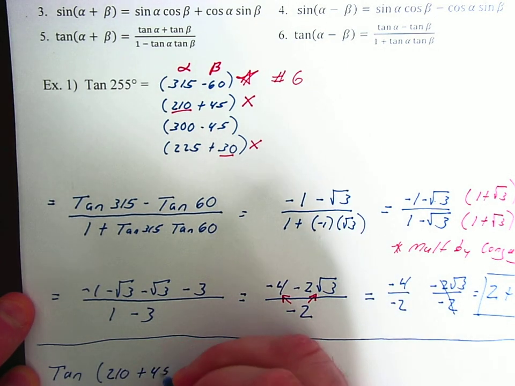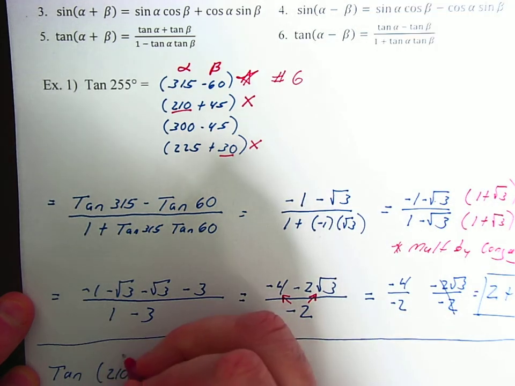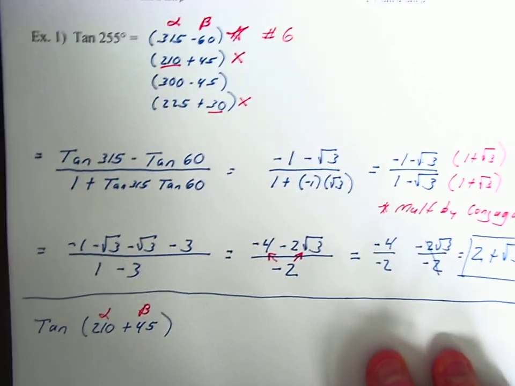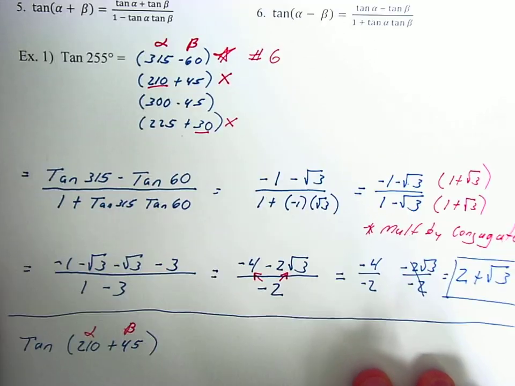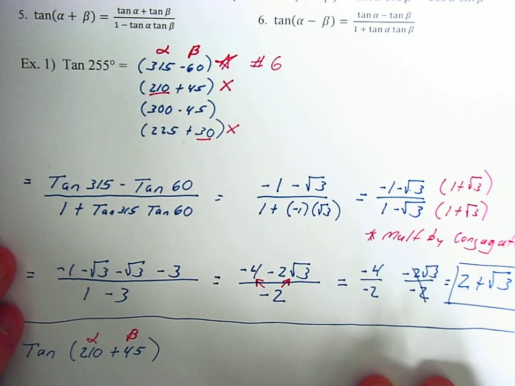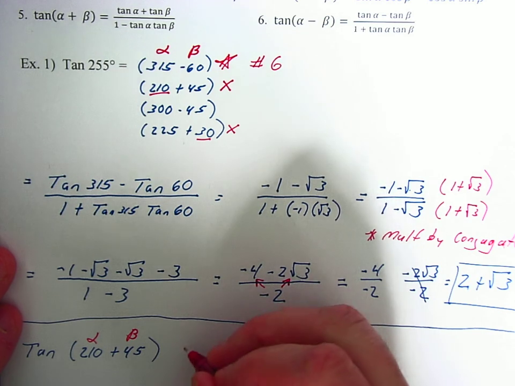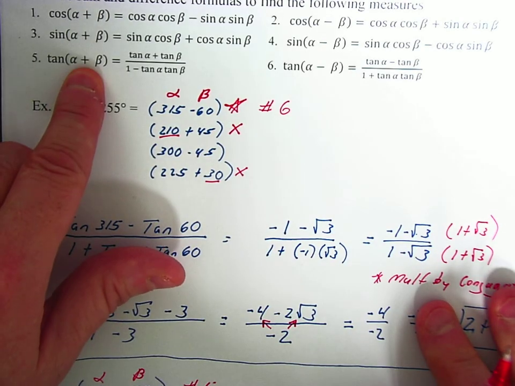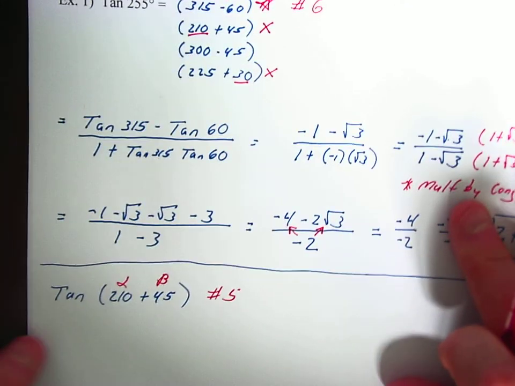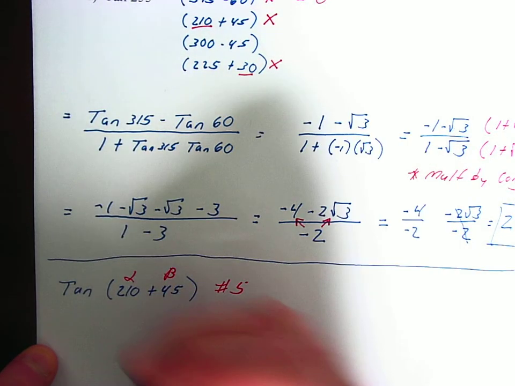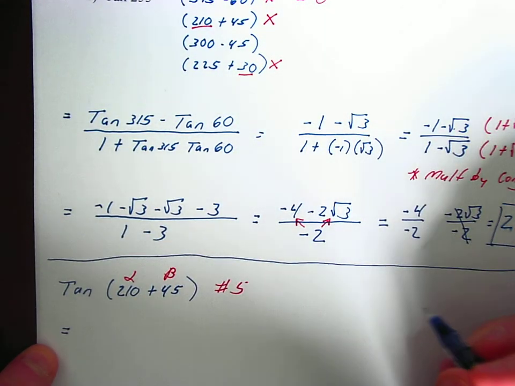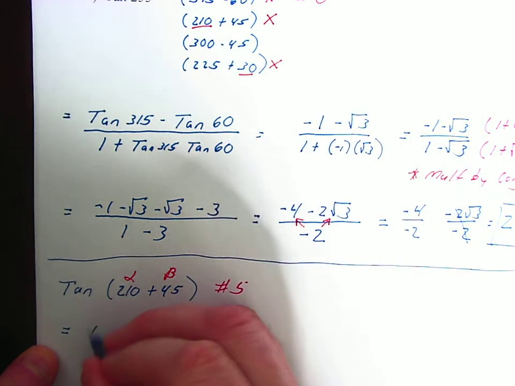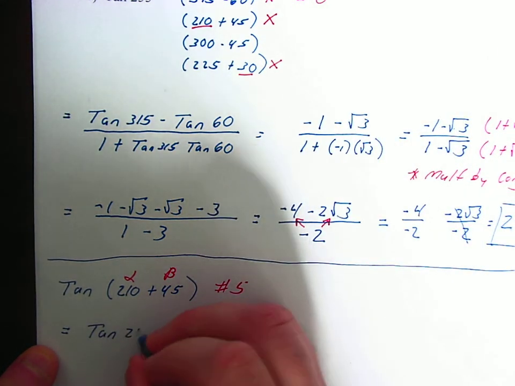plus 45. So here's my alpha, here's my beta, and now I'm going to plug everything in just like we did before. So this is now going to be formula number 5. Because formula 5 is when you have addition, and this is certainly addition. All right, here we go. So I'm going to take the tangent of alpha, which is the tangent of 210.